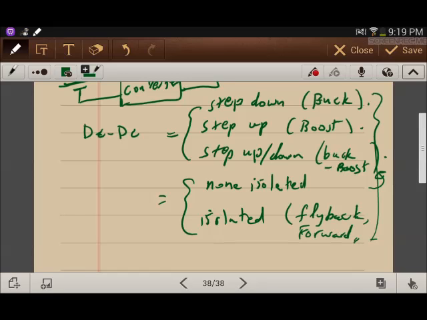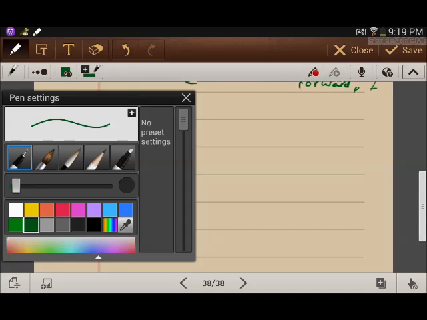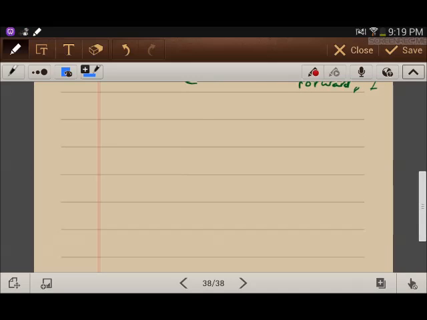So the first thing I'm going to talk about here is an example of the DC to DC converter. If we have a DC source, let's say 10 volt, and then I have a load which is 5 ohms, and I want 5 volts across its terminal.